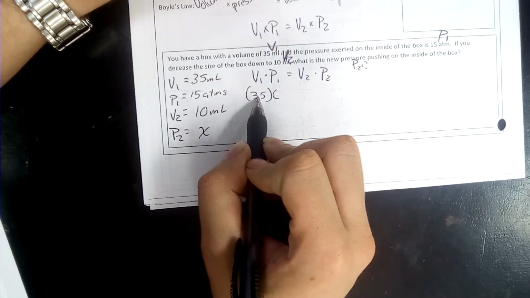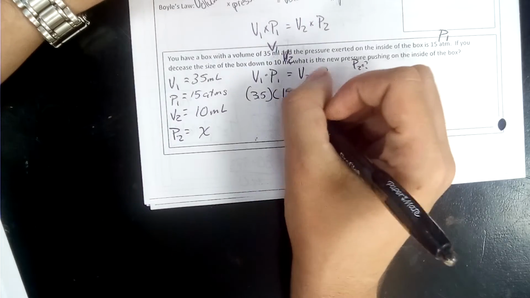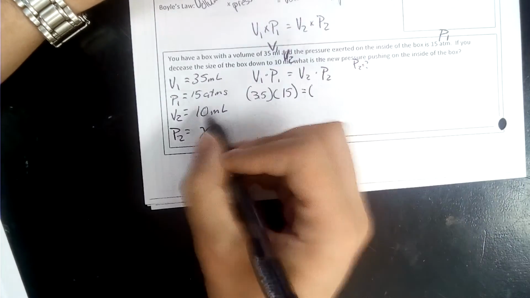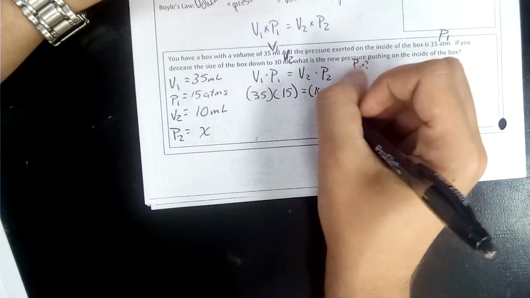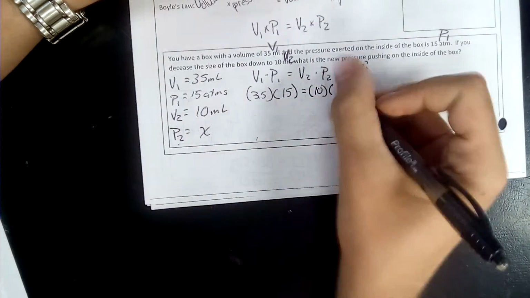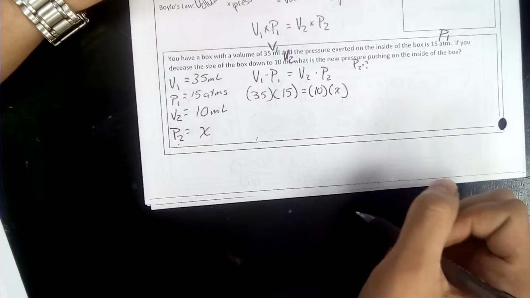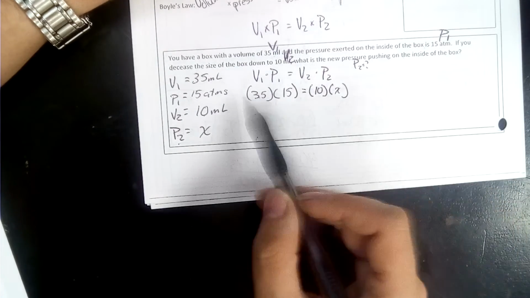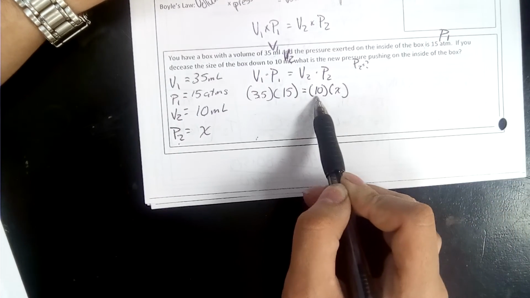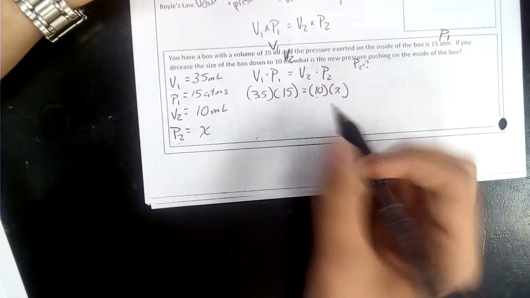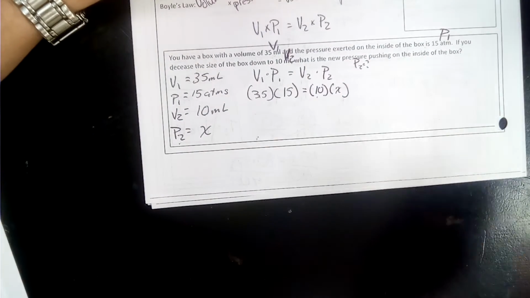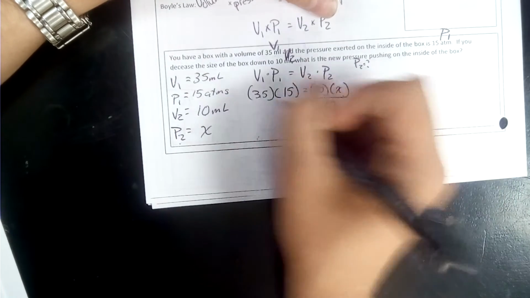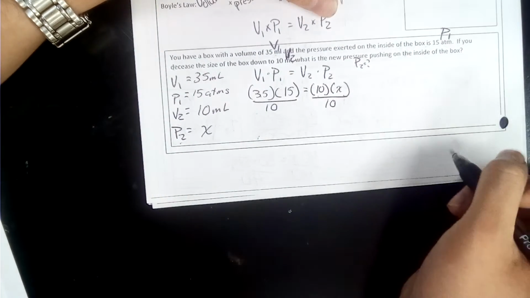V1 is 35, P1 is 15, and that's got to equal V2, which is 10, and P2, which is X. So now when you look at it, we've got an algebraic expression here. You've got an algebra problem. So to get X by itself, just like before with the Charles problems, all you need to do is divide by whatever's next to X.